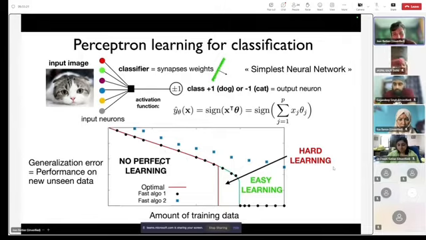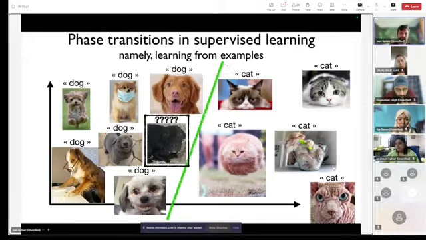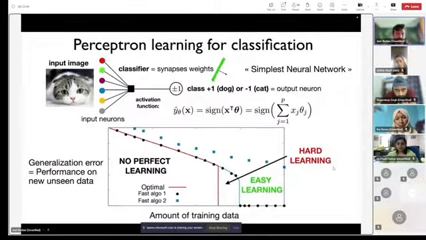And what you see is that, again, you have a region where the optimal classifier like this has a bad generalization error, it's high, and then suddenly you have a sharp phase transition, and then it's 0. It means that you have found the perfect line that separates the two classes, okay? But you need enough data to do so. And this is really a phase transition again, okay? You see it's sharp, suddenly you can generalize perfectly.